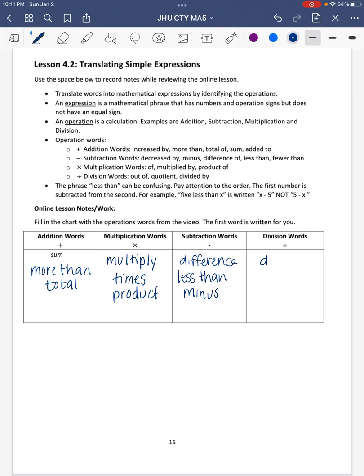Division words, of course, divide by or divided by. Maybe even split evenly. Some of these require a few more than just one simple word. But if you're going to split something evenly, you're actually dividing it. Or the solution to a division problem is the quotient.